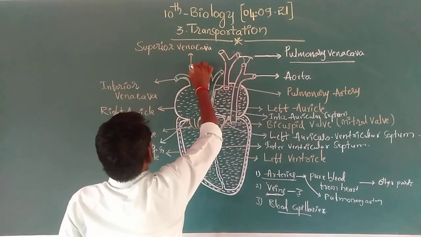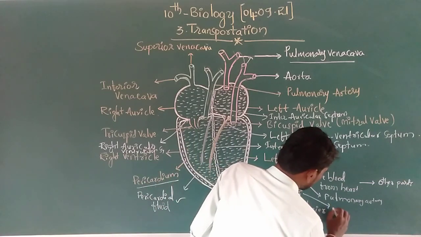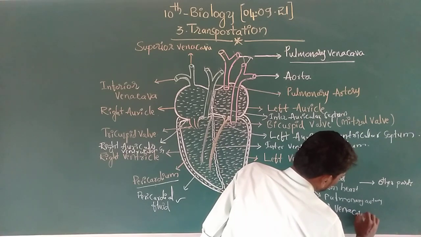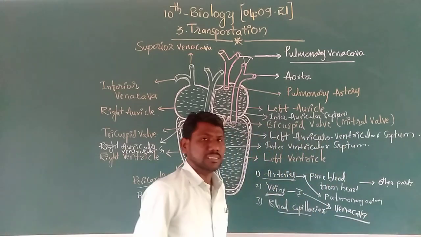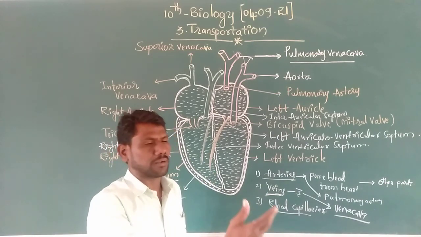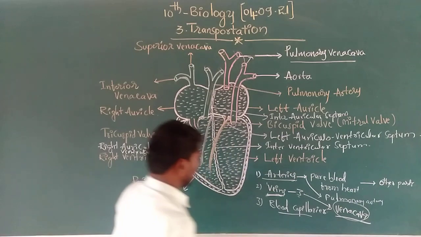These veins are called vena cava. What are vena cava? The blood vessels which collect impure blood from the various parts of the body are called vena cava.